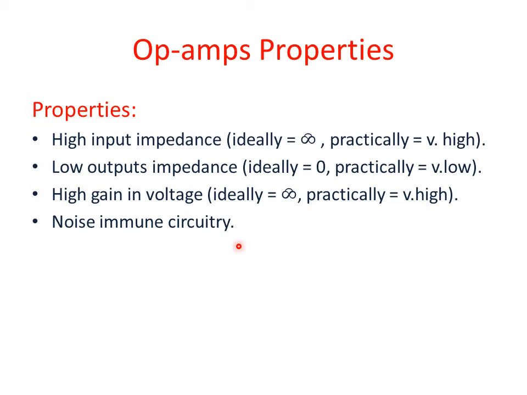No, it actually means any signal other than my actual signal will be considered as noise for my circuit. So if I'm saying that an operational amplifier is a noise immune circuit, it simply means that it remains unaffected by the unwanted signals present around. How does this happen? We will see it in upcoming slides.